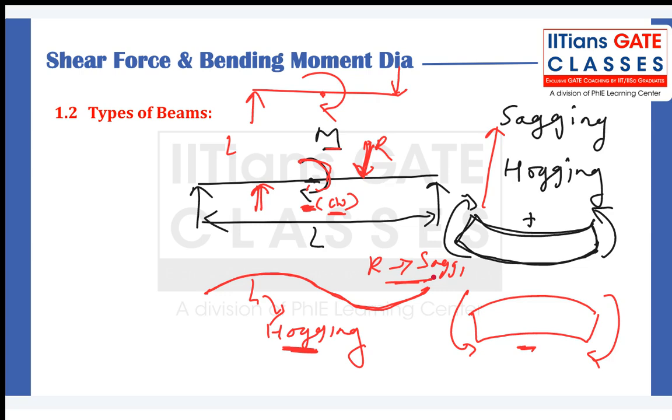If you come from this side till this point, it is negative, and from this point to this point it is positive. So now you understood how the same point moment behaves as negative on the left side and positive on the right side.